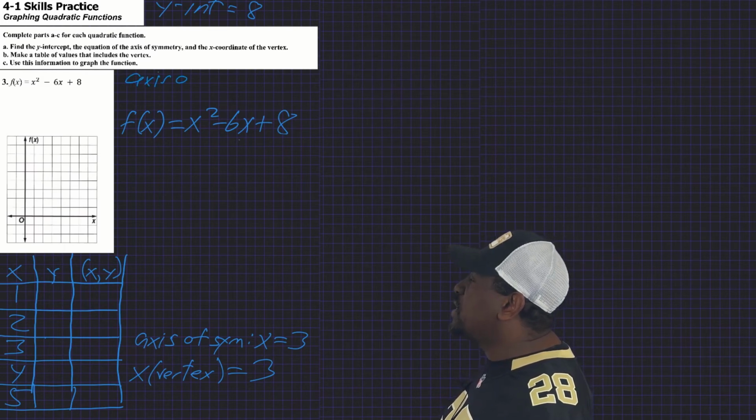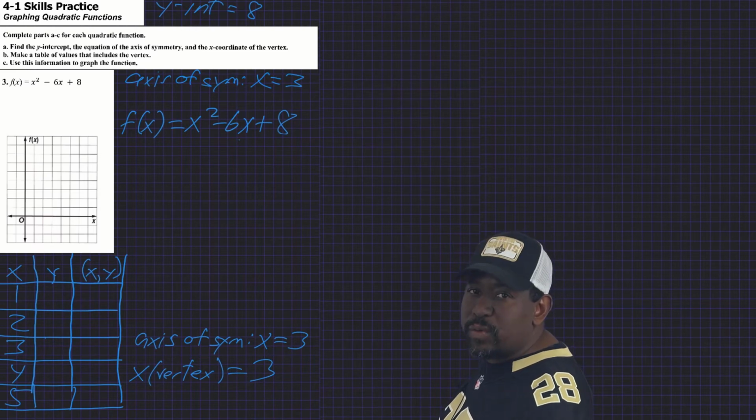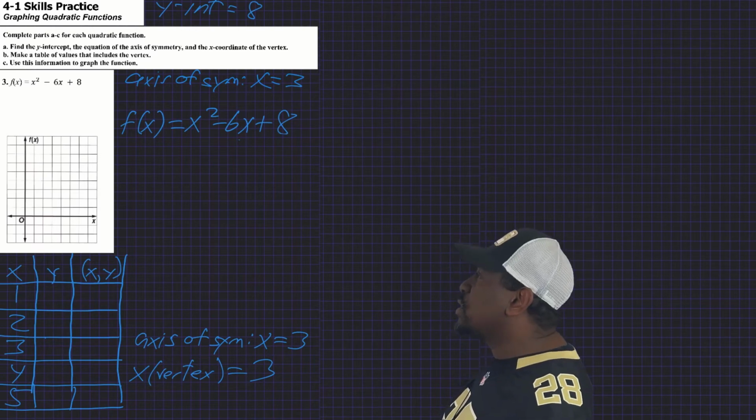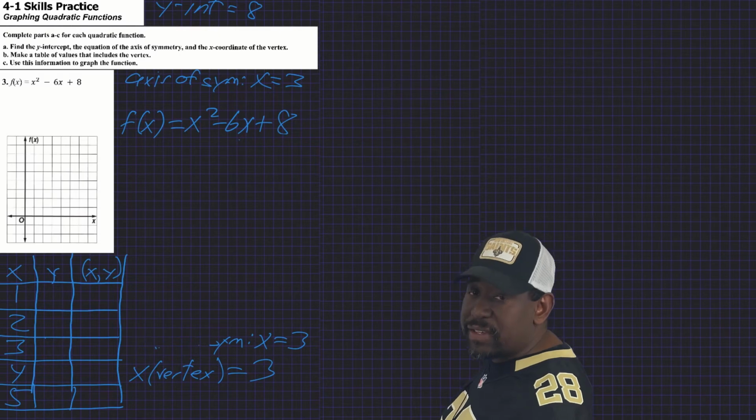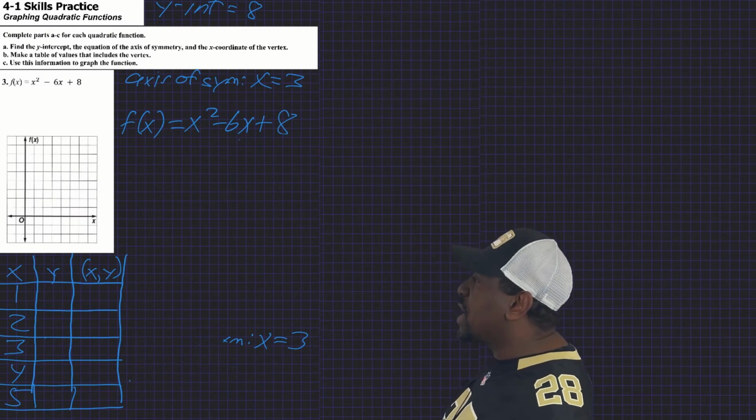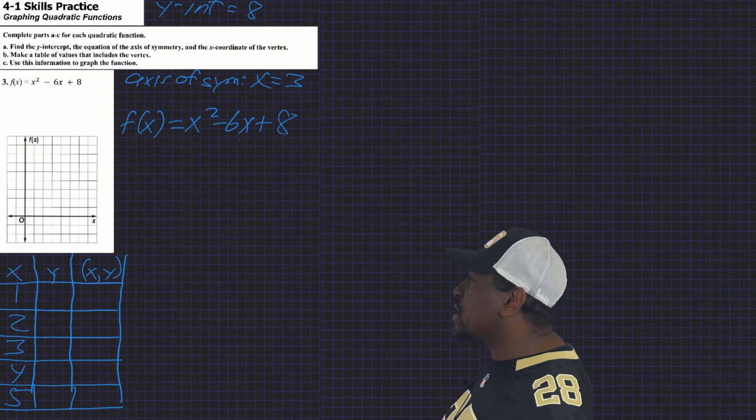So what I'm doing here is we are again pulling out the y-intercept, writing that down, and storing that away for when we're ready to graph. And we're going to write down the equation for the axis of symmetry, and that allows us to erase this work we have and start to calculate our y values.